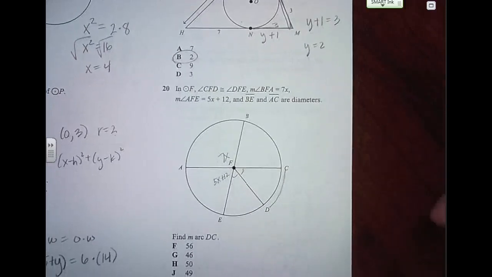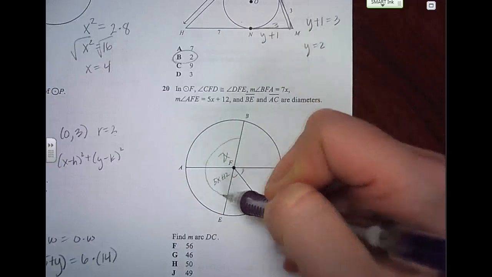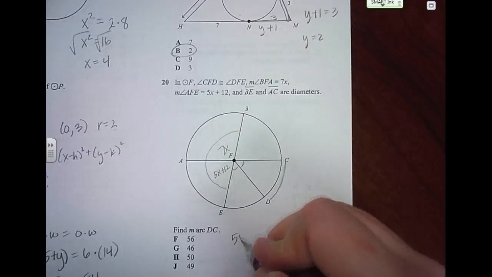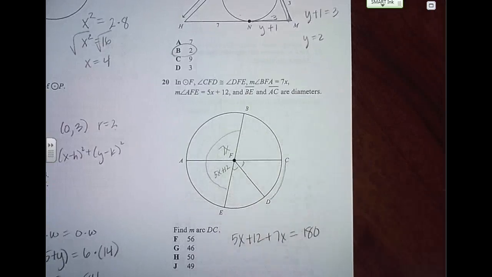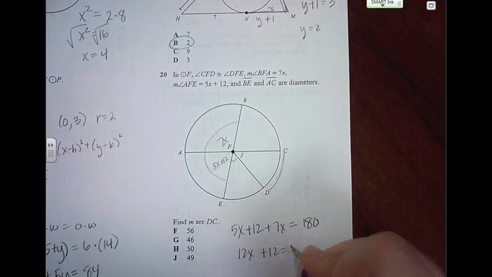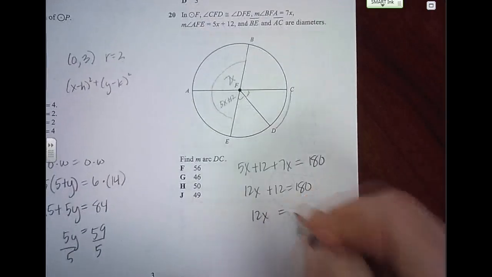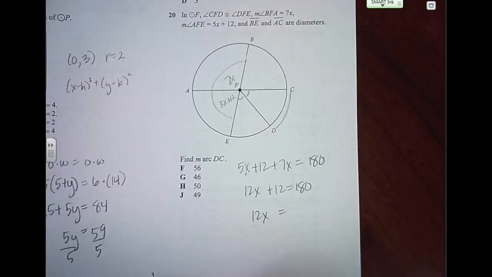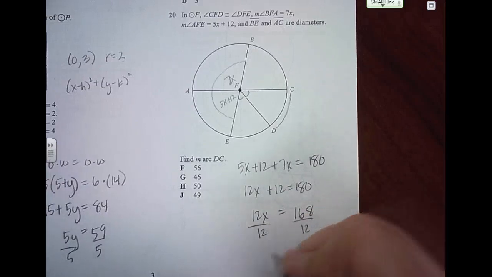So this one's a little tricky. First thing I would do is, since BE is a diameter, this whole thing is 180. So if I add those two angles together, I can solve for x. So I get 12x plus 12 equals 180. Subtract 12 over and divide by 12.